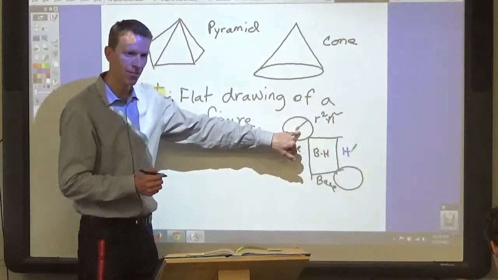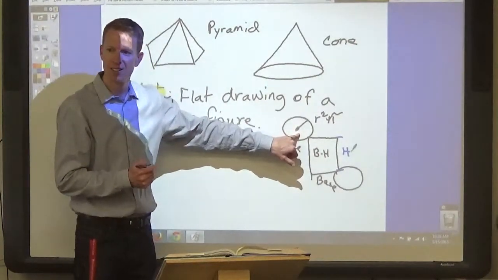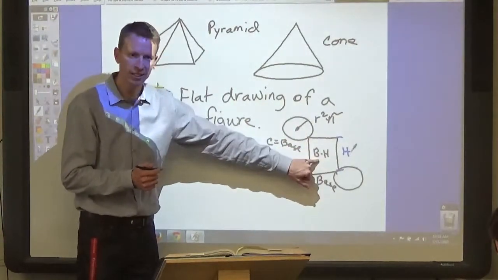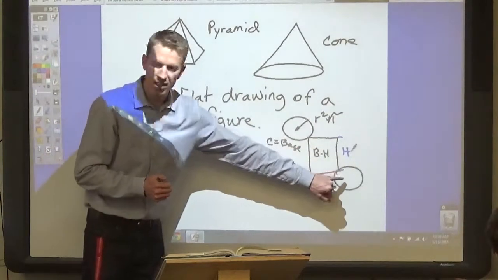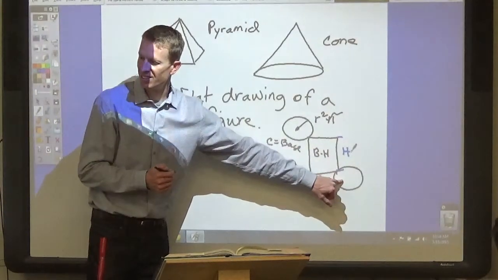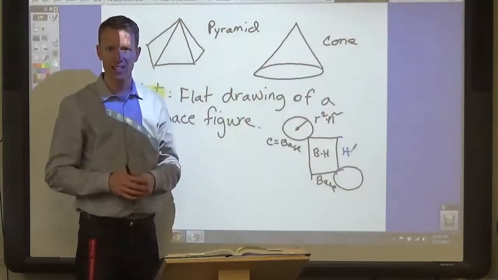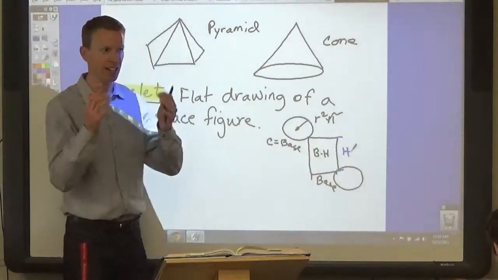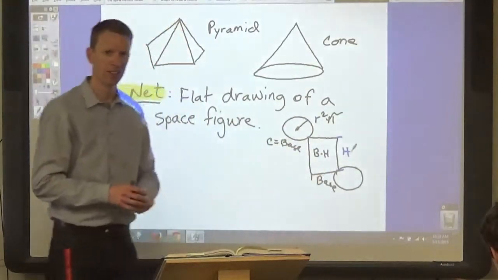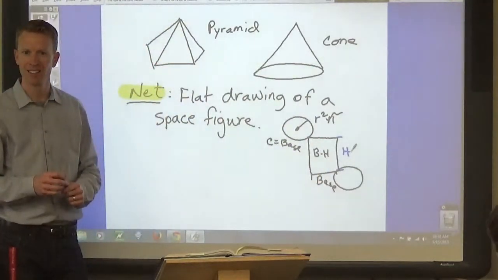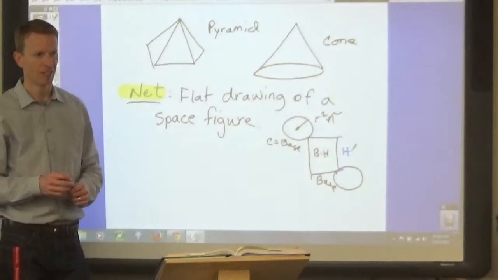So then we'd have the area of this circle, the area of this rectangle, and the area of this circle, and we would have the surface area. All of the area that covers the cylinder. Right? Yep.